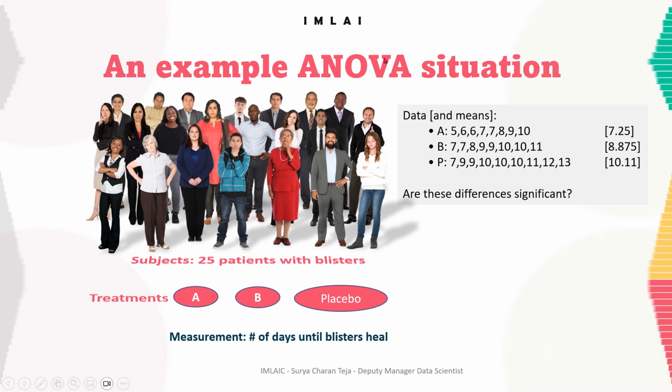So this is clear now. When you have more than two groups and you want to find whether the difference is significant or not, you have to take up ANOVA. That's what I want to prove from here, nothing else.